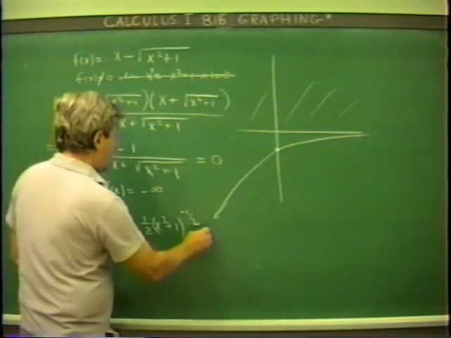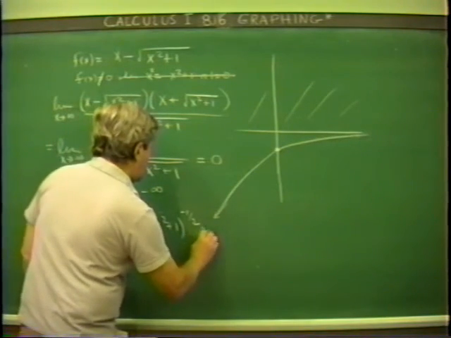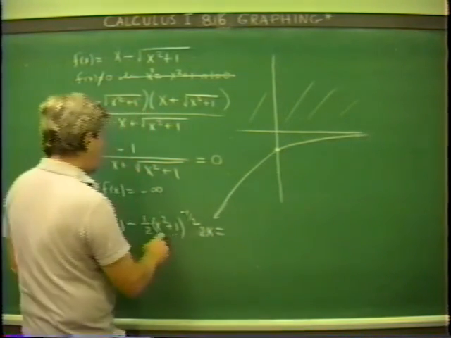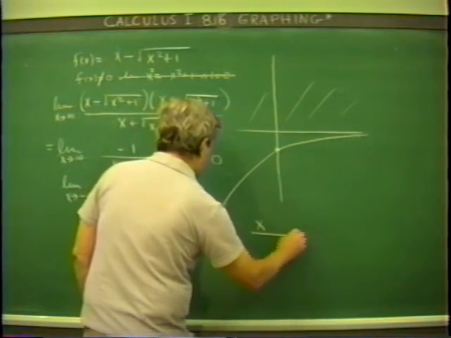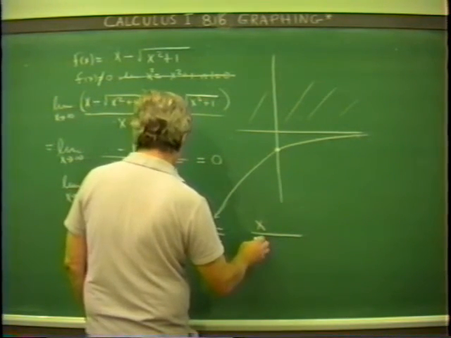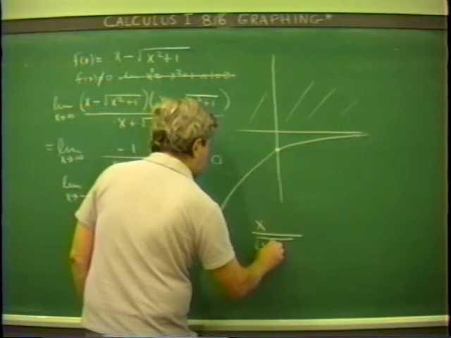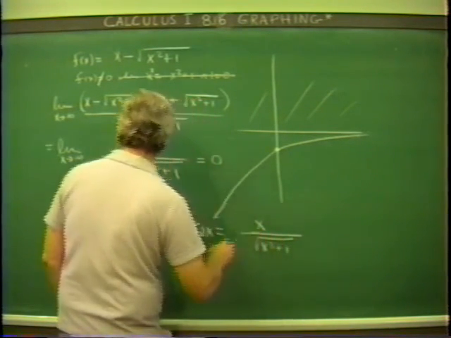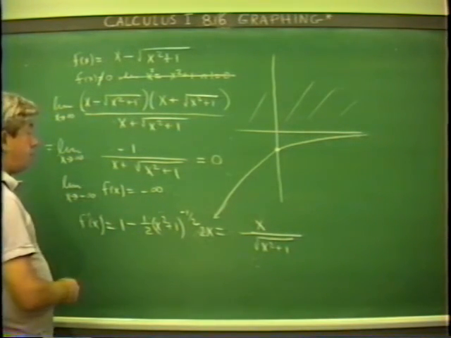F prime of x is 1 minus 1/2 times x squared plus 1 to the minus 1/2, times 2x, where the 2 and the half will cancel, and I'm going to get x over the square root of x squared plus 1.